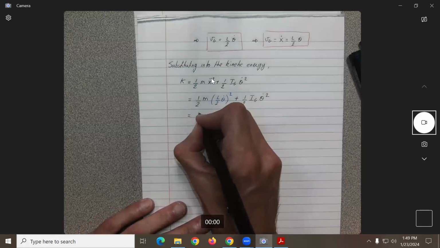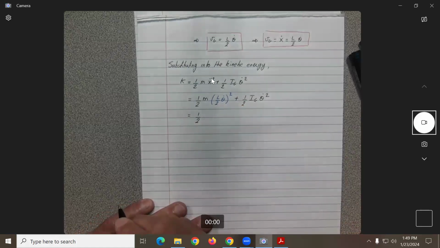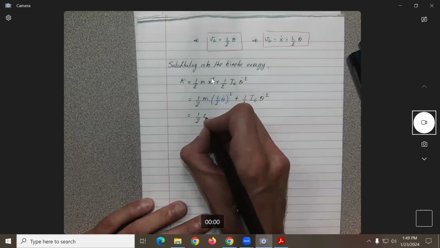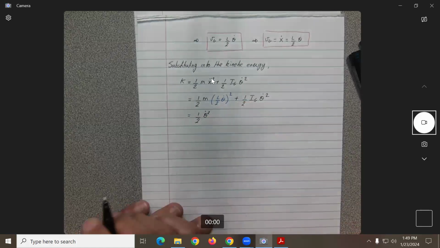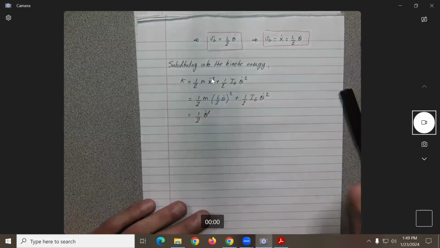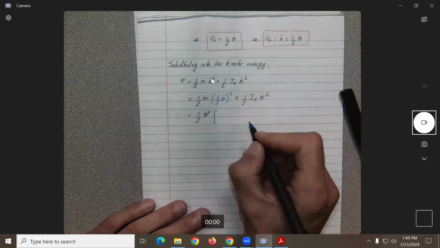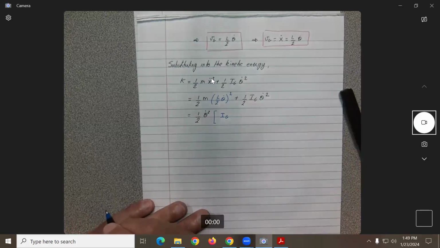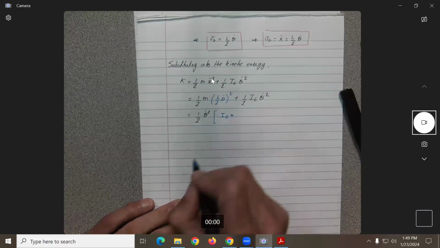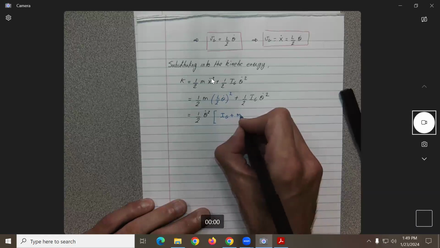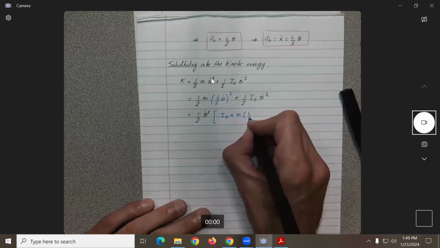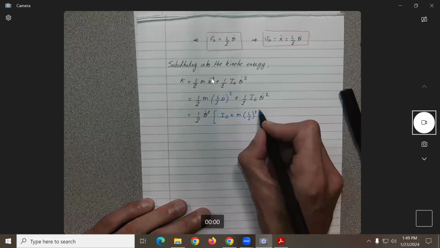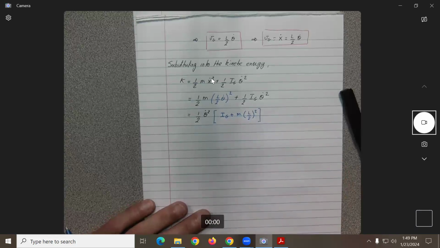This is going to give us what? 1/2 theta dot squared, factor of, then I write I sub g over here, plus what? M L squared over 2.